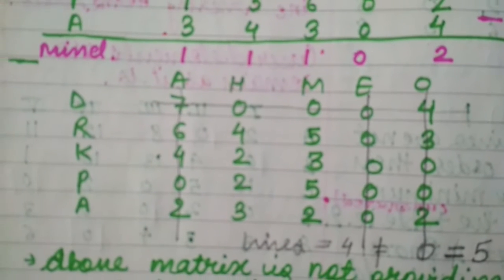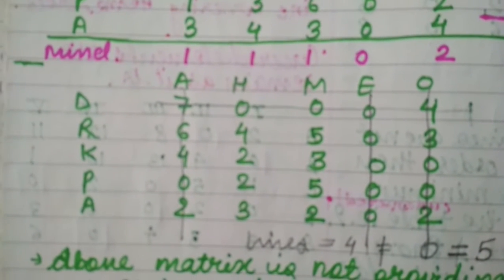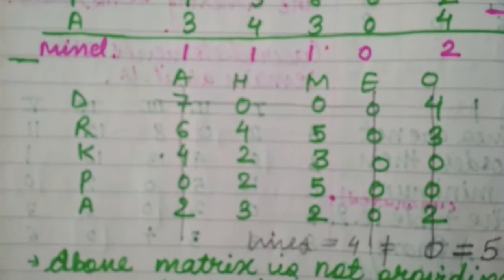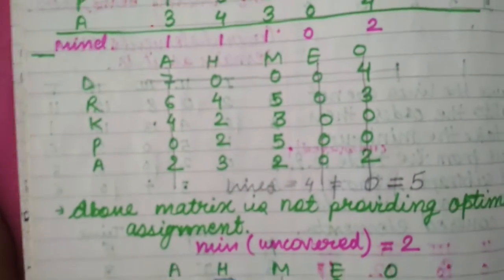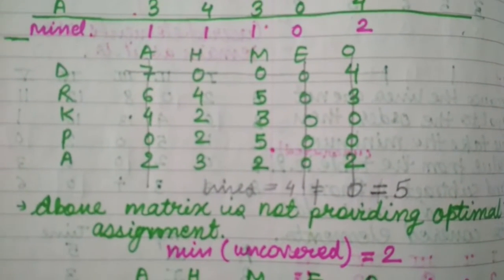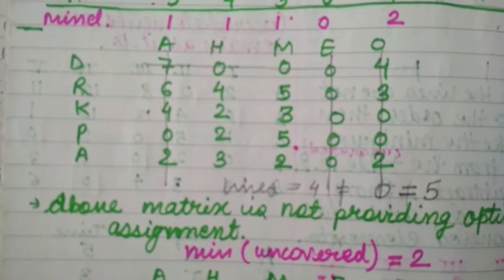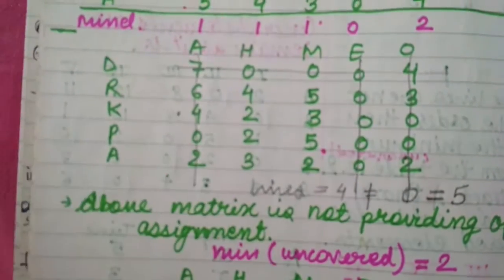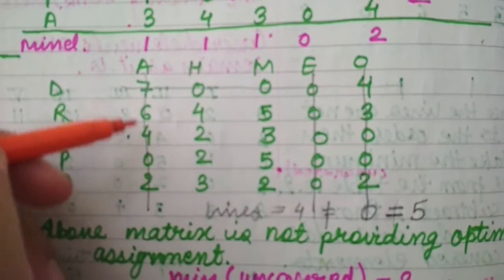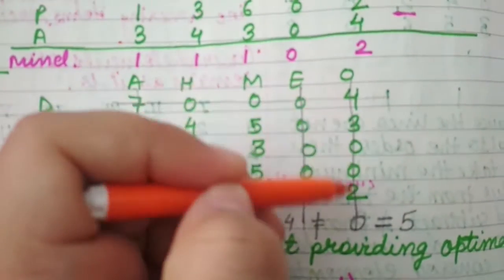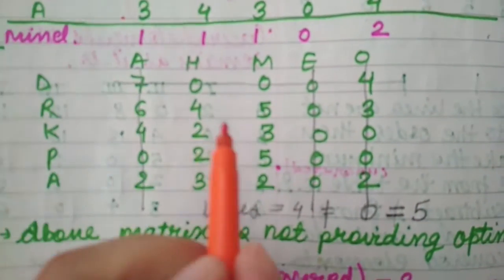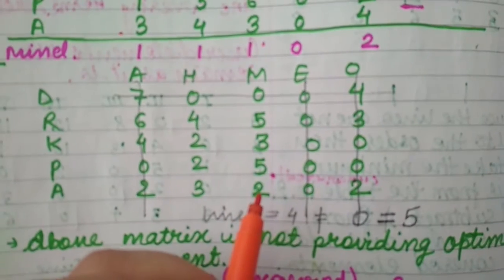That means we have to do another case, where the lines are not equal to the order of the matrix. The above matrix is not providing the optimal assignment. So what we will do now: the elements which are inside these lines are called covered elements, and these other elements are called uncovered elements.